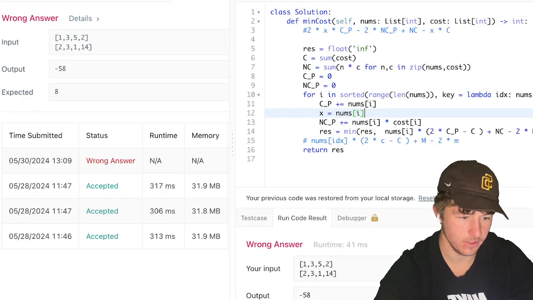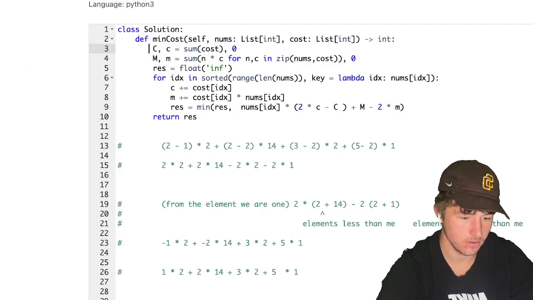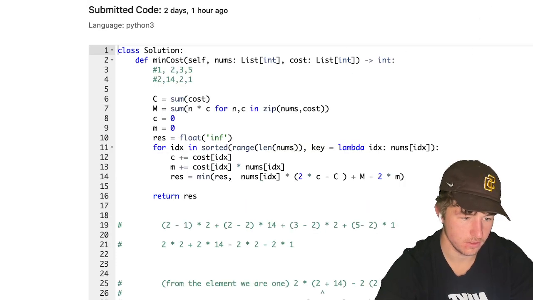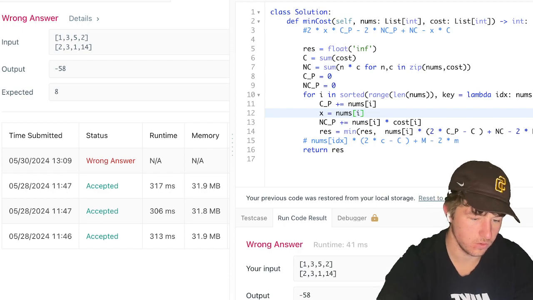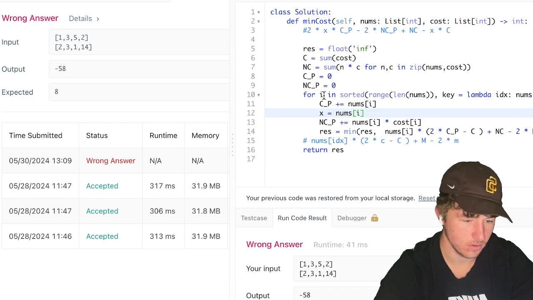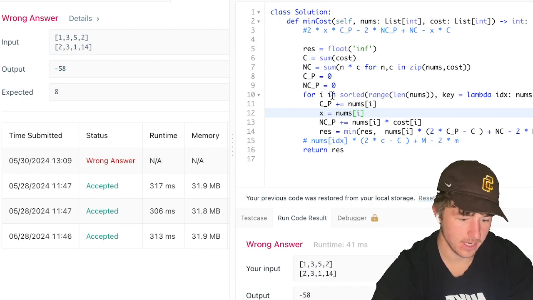Res equals float infinity. Guys, what is going on?